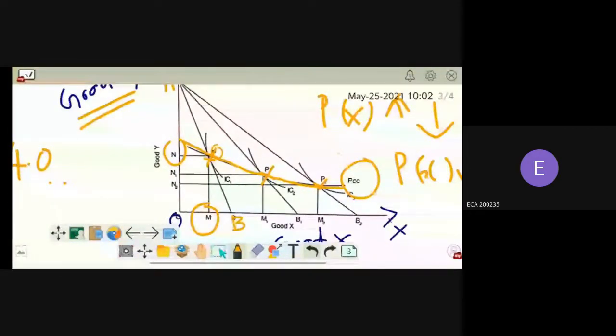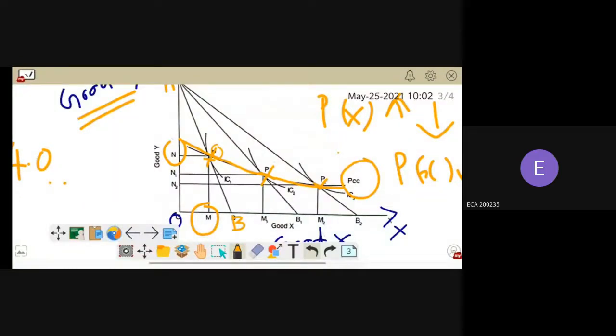The slope may be different, but here we could see it's a downward slope. This is how the consumer moves to different levels of consumption of good X when the price of good X decreases.